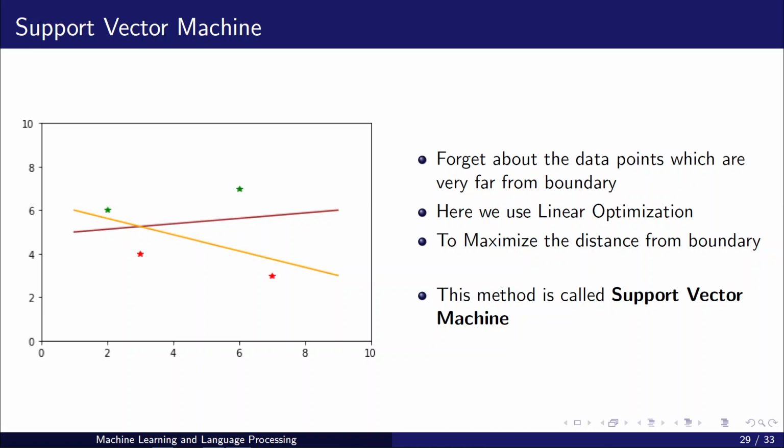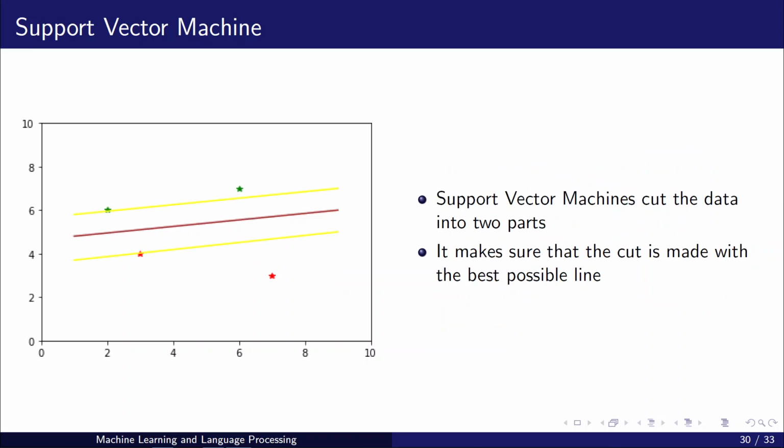So this is another classic classification method, which usually gives the best accuracy in predictions, and which uses linear optimization. Support vector machine cuts the data into two parts by using enough separation from the nearby data points.